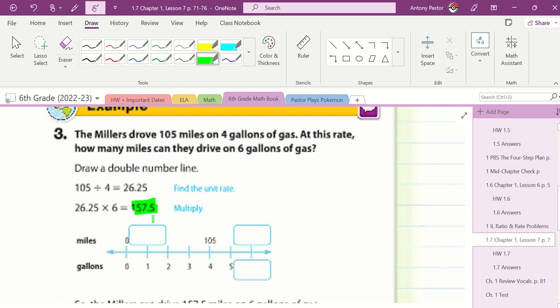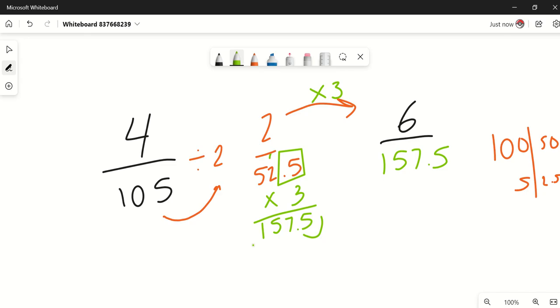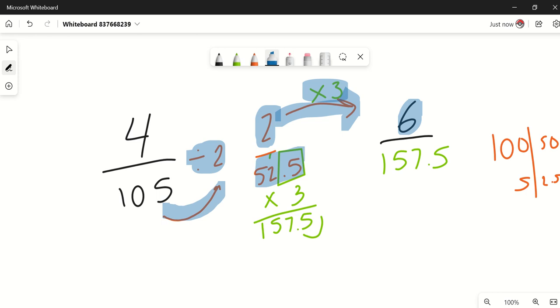That gives us 157.5. On my side, I down converted by dividing this by 2, because I know 4 divided by 2 would give me 2, and 2 could easily become 6 by multiplying it by 3. The problem here is dividing an odd number by 2 gave me a decimal of 52.5. Same thing as up here, when I multiplied it by 3, I would multiply this by 3 to get 157.5 miles. Either one of these is correct.